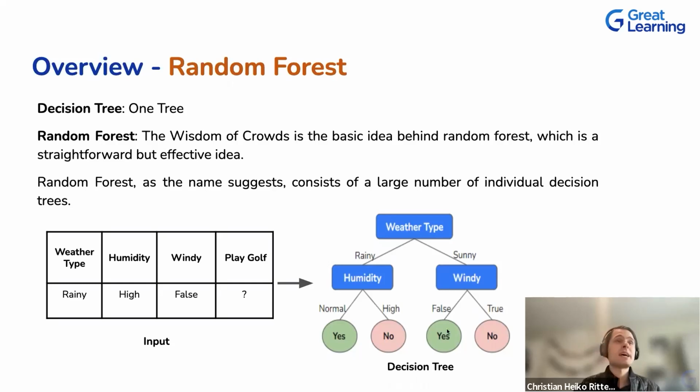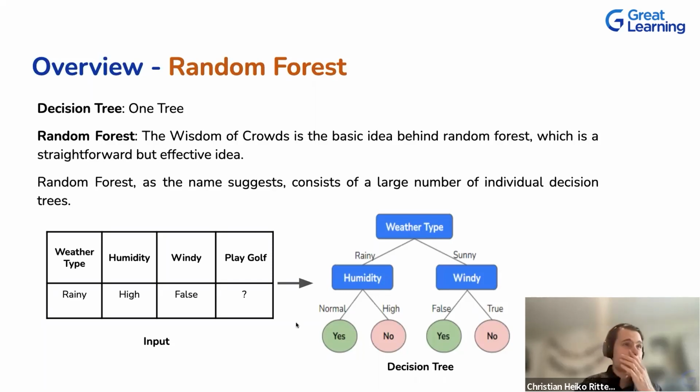If we have this data set, you can explain to anybody based on this tree why the decision has been made. For example, here it's rainy, the humidity is high, and then windy, apologies. So we would go to rainy, and then let's say humidity high.